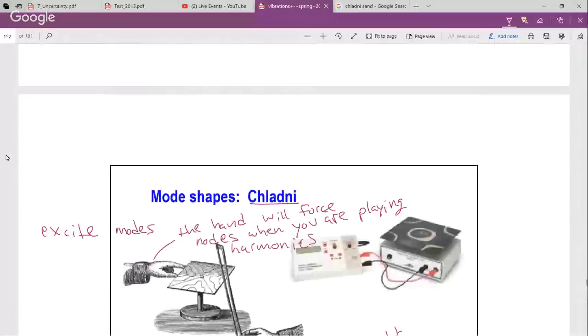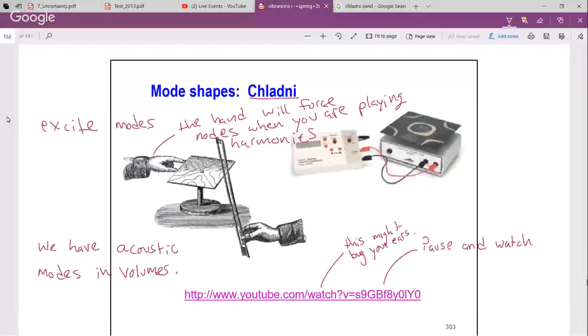So when you use a sound level meter, has anybody used a sound level meter before? The mics on a good sound level meter are flat. So you have to turn on what's called A weighting, and it makes the mic respond like the ear.